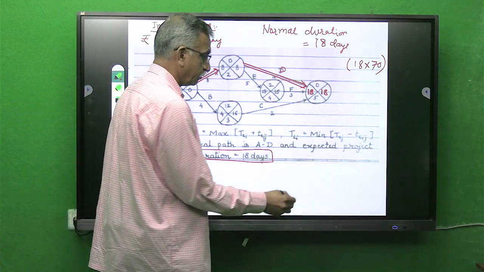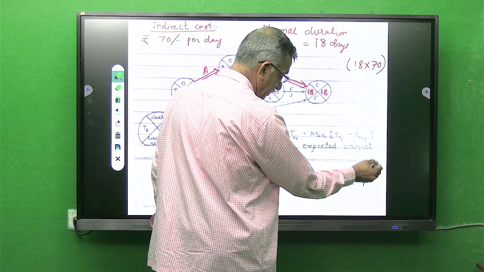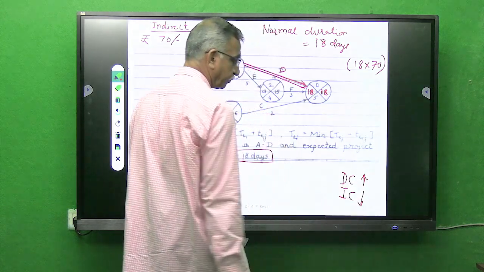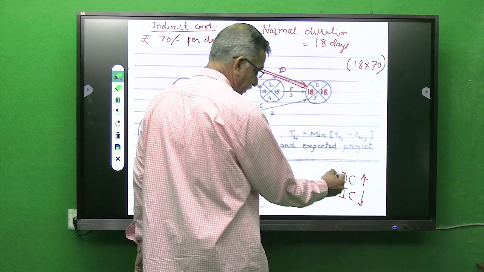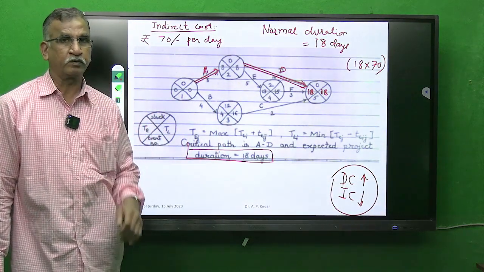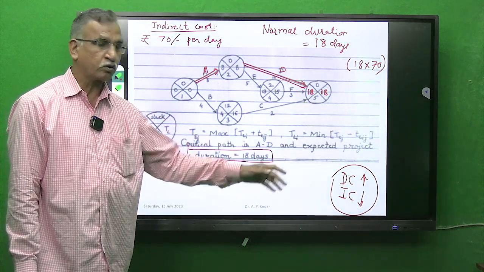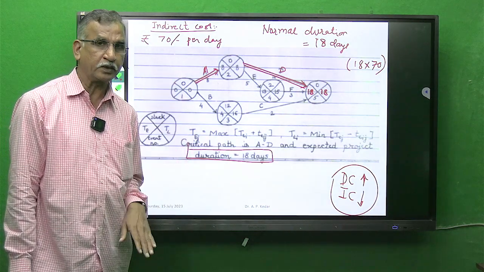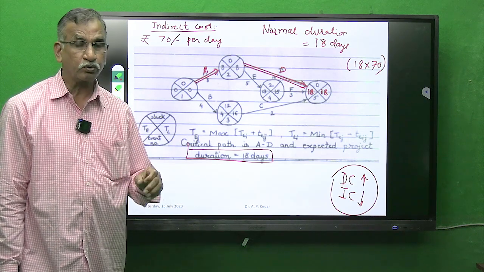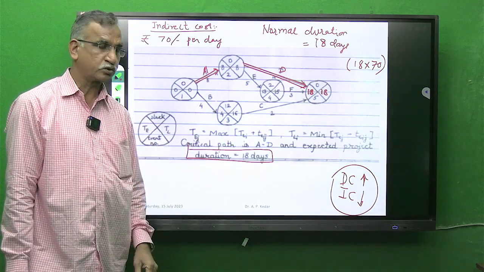When you crash any activity of the network, direct cost increases and indirect cost decreases. This is very important.